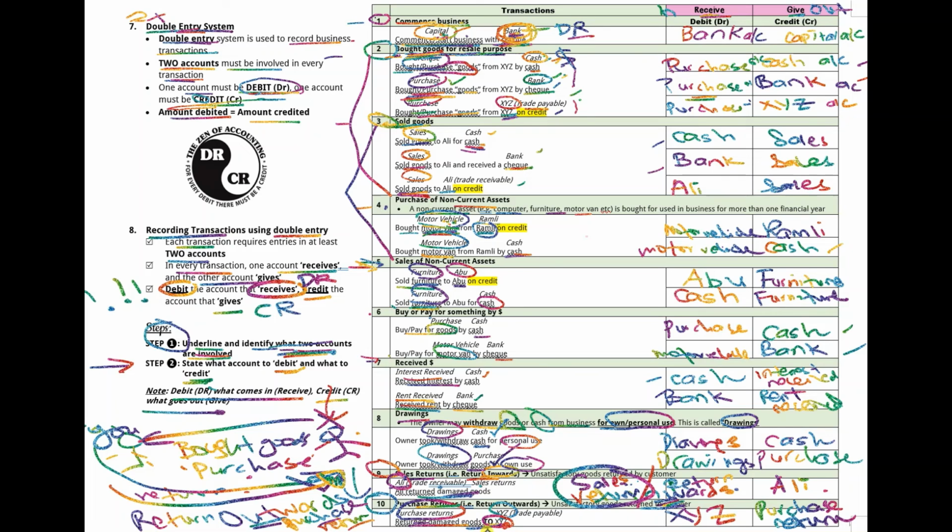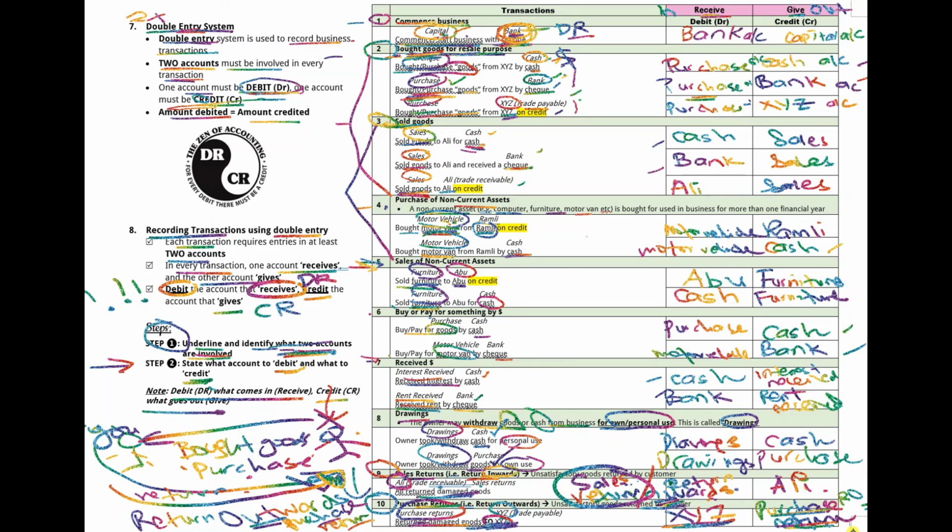Return to XYZ, meaning XYZ receives it. Ali returns to us, sales return, and we return to XYZ, purchase return, outwards.